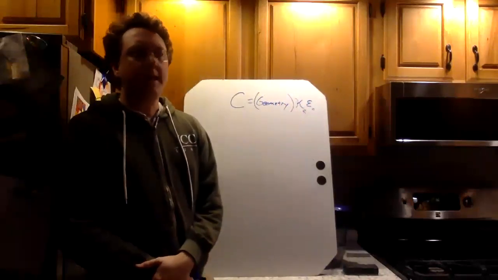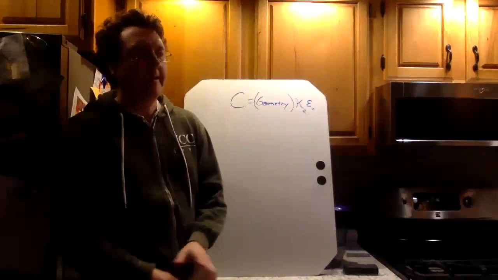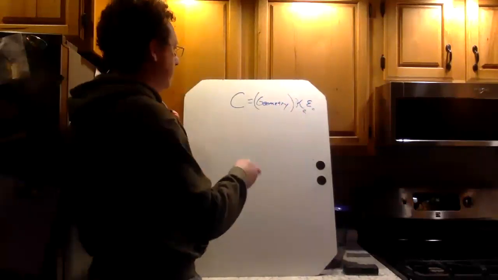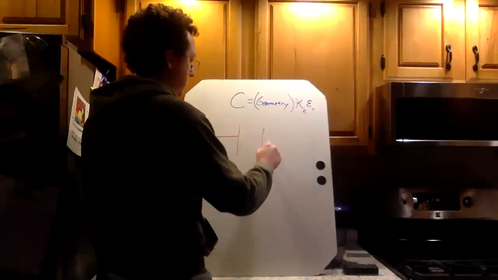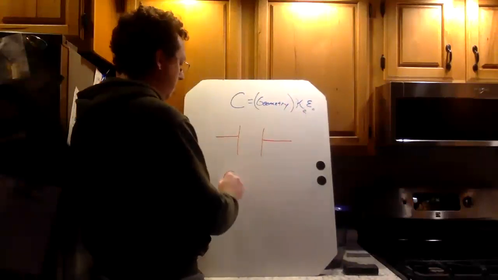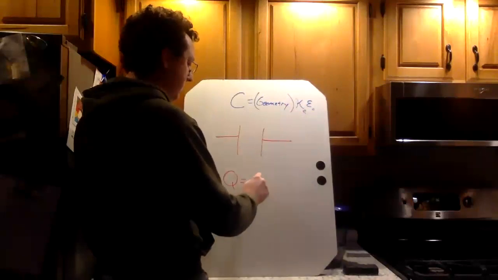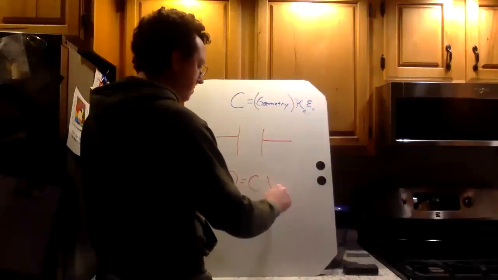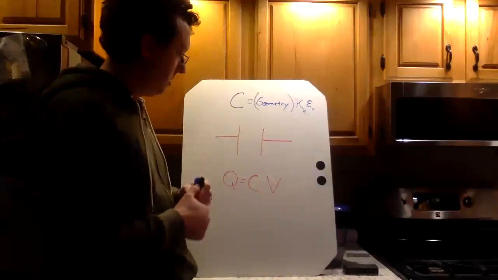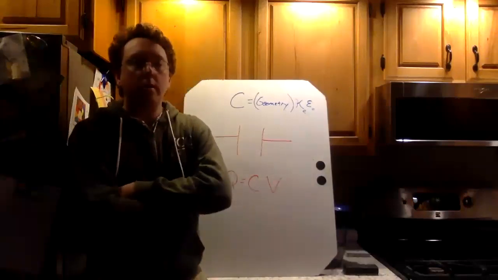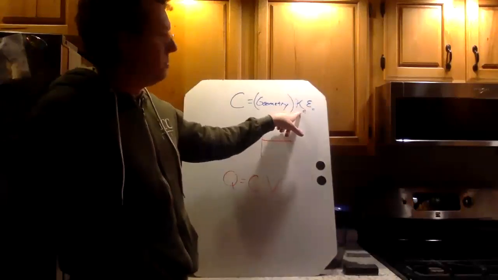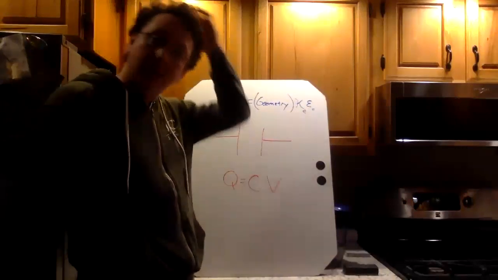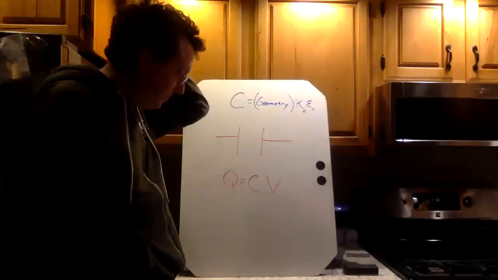So if I have a capacitor, and I say that Q is equal to C times V, and kappa is bigger than 1, right? It's going to be bigger than 1.